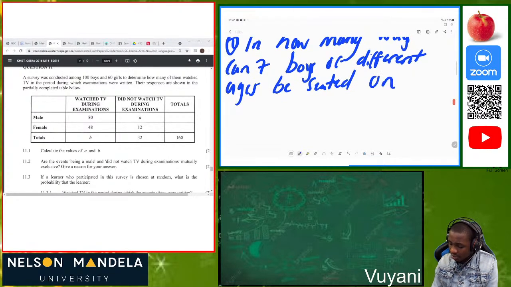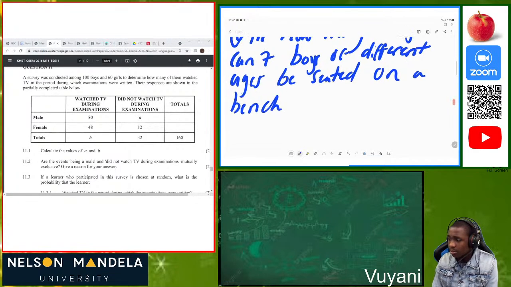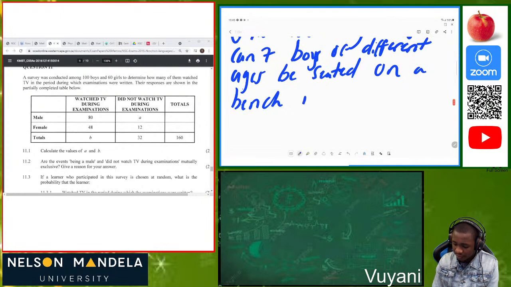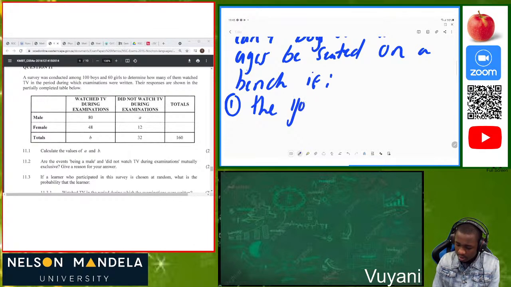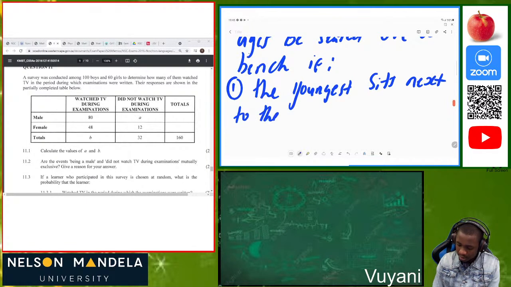on a bench, if the youngest boy sits next to the older one.